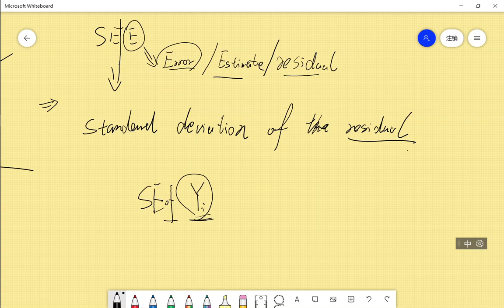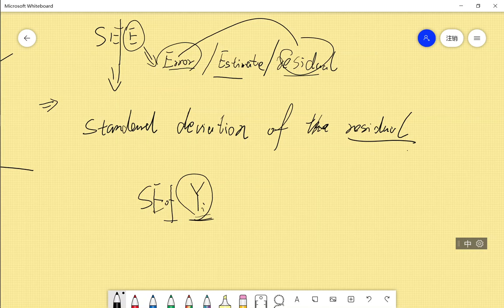When you talk about the standard error of estimate, you know it's about error, it's about the residual. So error, residual, fairly simple. It's really just like muscle memory, all these words connected.